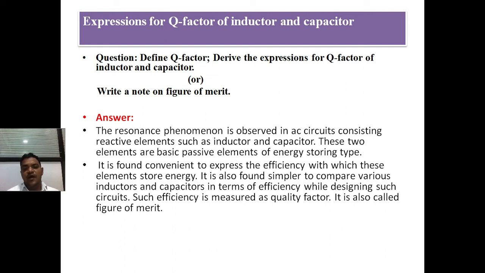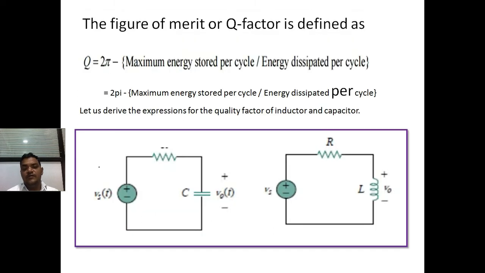It is convenient to express the efficiency with which these elements store energy, and it is simpler to compare the various inductors and capacitors in terms of efficiency. For designing such circuits this is measured as a quality factor, and this quality factor is also called the figure of merit.